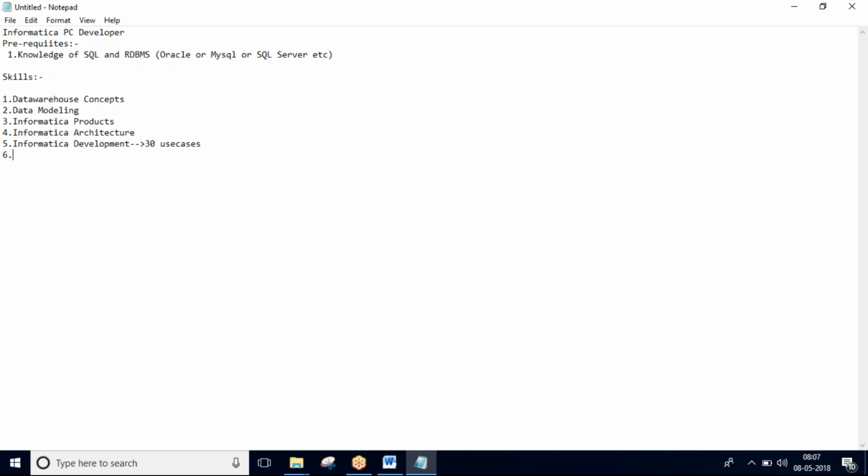Apart from this, we'll also talk about a little bit of shell scripting, the way we can call a shell script from Informatica. Using one sample shell script, I'm going to call that from Informatica, and both ways, how to call the Informatica workflow from a shell script, we'll understand. We'll also talk about the scheduling aspects.